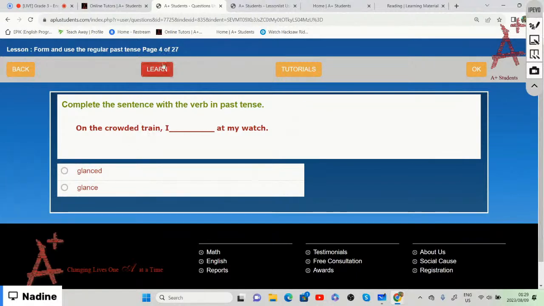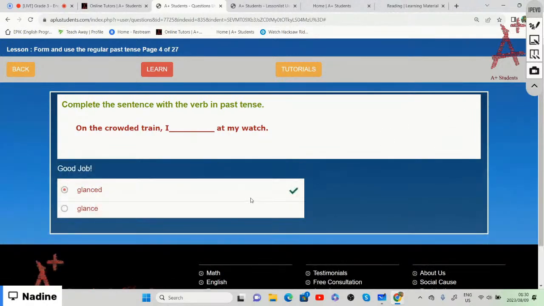If we were to put it in the past tense, then we can say glanced, which ends in ed. So glanced.